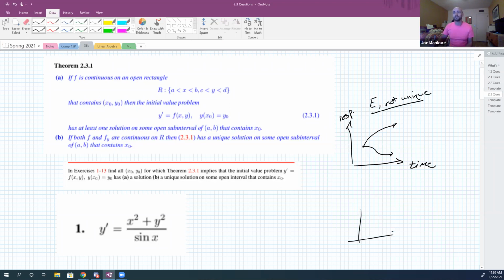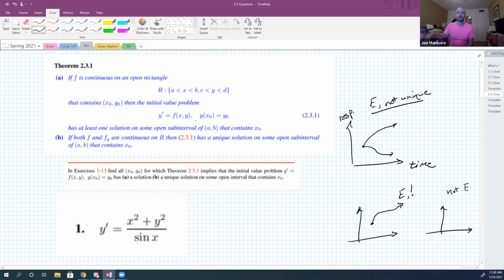Existence and uniqueness would look like this, right? And then non-existence is a weirder one. That one looks like this. Don't overthink that one. You guys good with those distinctions?